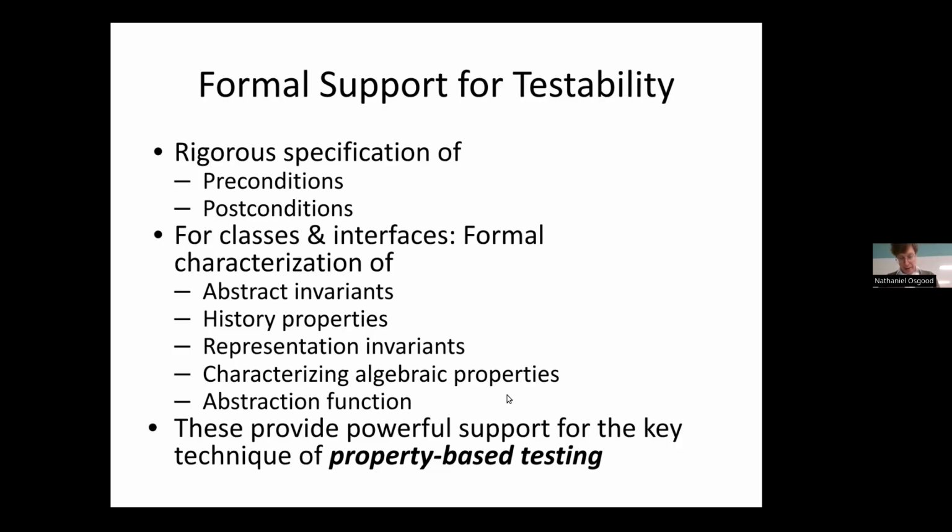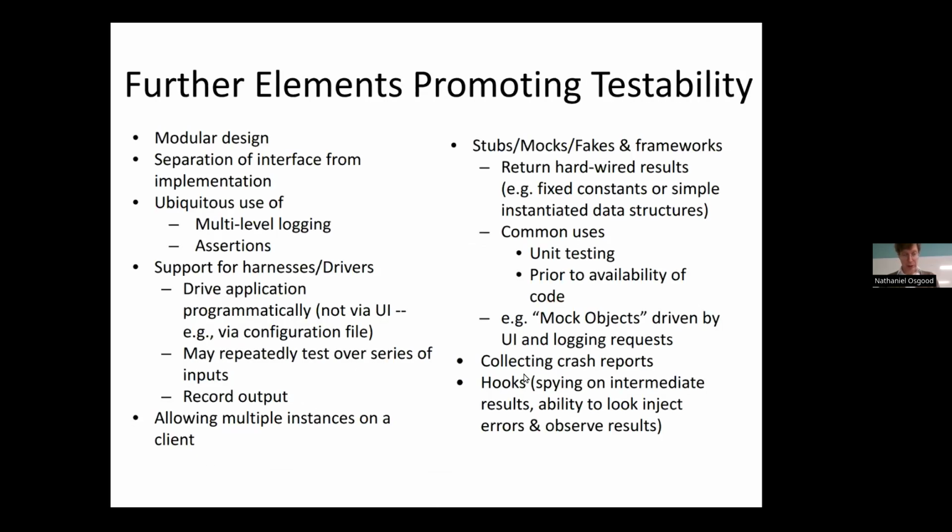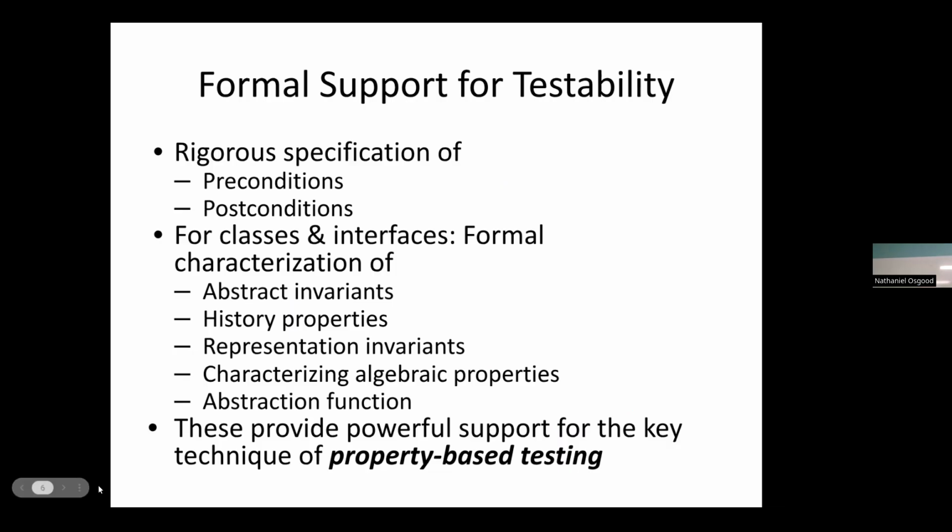The key point is, and we'll be spending quite a bit of time on these in coming weeks, that these provide the support for property-based testing. When I say property-based testing, what I'm talking about is not just giving an example and testing if you get the right answer back, right?